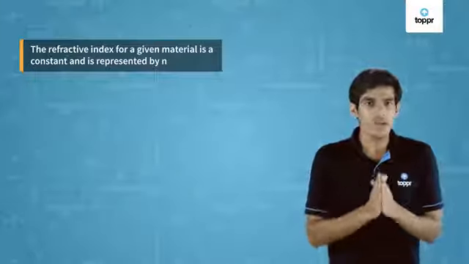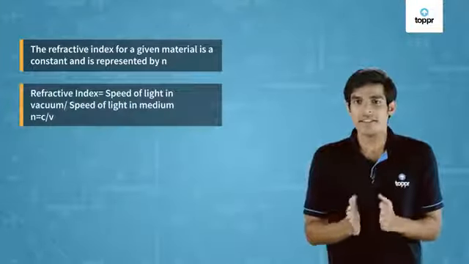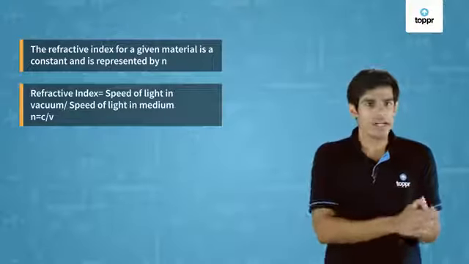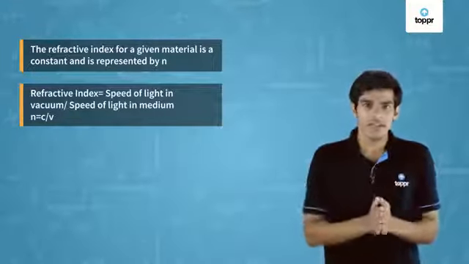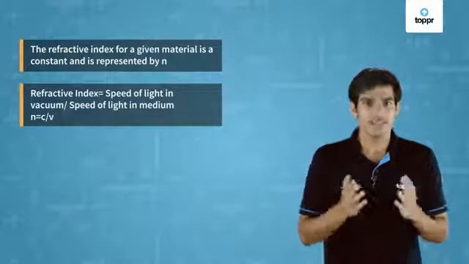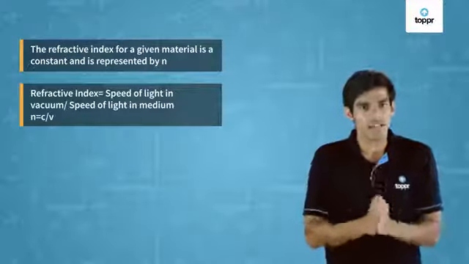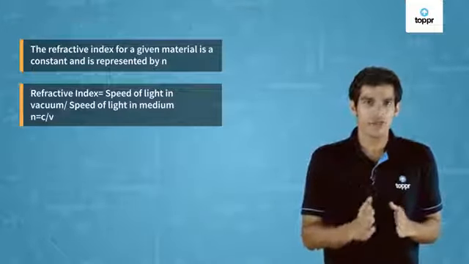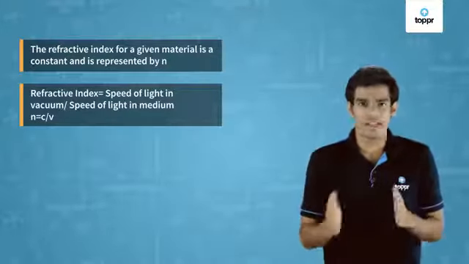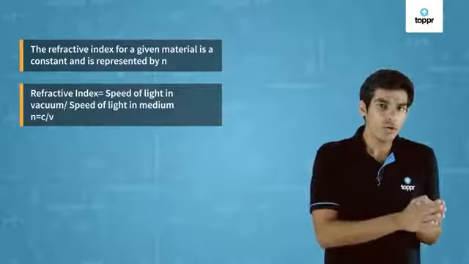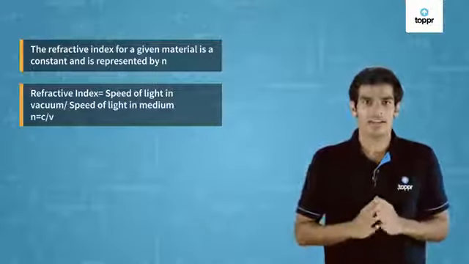To calculate the value of refractive index, it is simply the ratio of the speed of light in vacuum divided by the speed of light in the material. Thus, we can say refractive index is basically a measure of the difficulty light has to face when it passes through a material. If the value of refractive index for a certain material is low, this means that light can easily pass through it, compared to a material with higher refractive index.